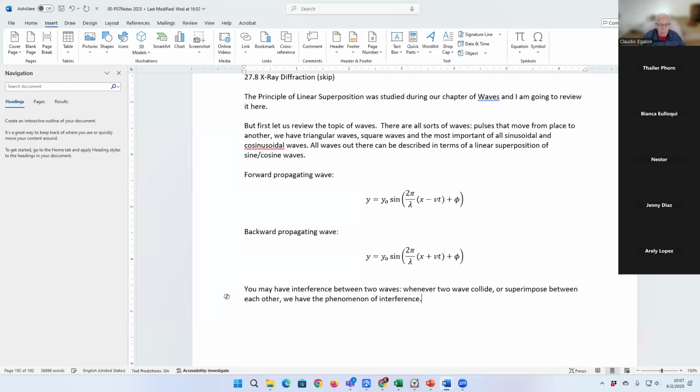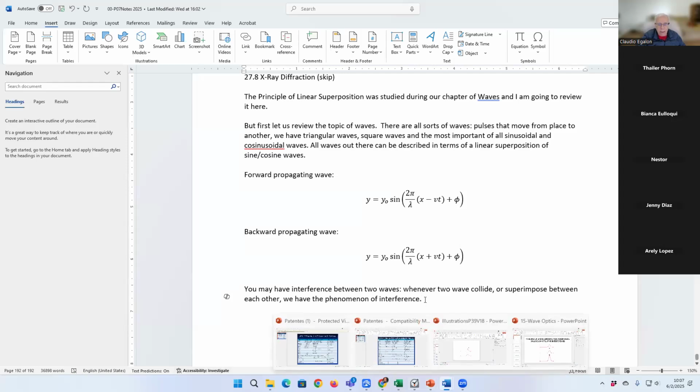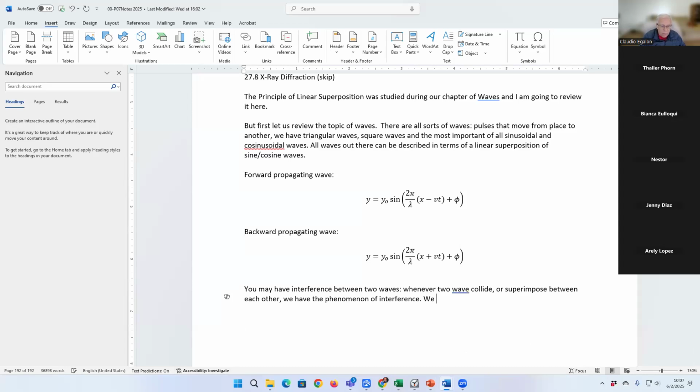Okay, let me give you an example. The two simplest types of interference are constructive interference and destructive interference, okay?